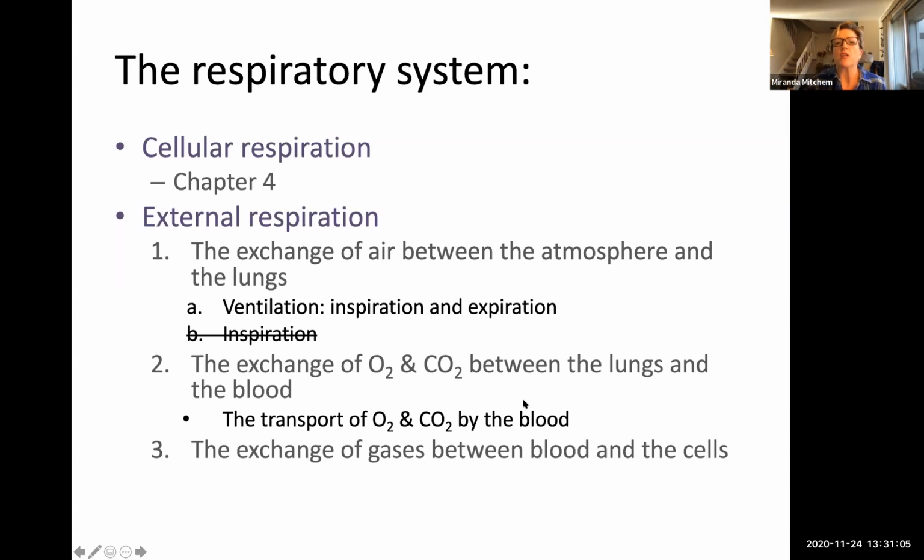And then, of course, those respiratory gases are transported through the blood, where they then get to our third level of exchange, which is between the blood and the tissues, where they can exchange with the cells. So we have three levels of exchange in our respiratory system.